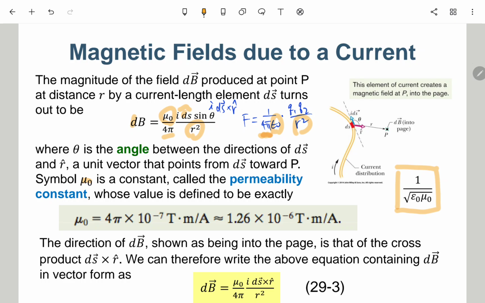This constant is very, very important in physics. Actually this one is the speed of light. If you don't believe, you can try to substitute. This is 8.85 times 10 to negative 12.